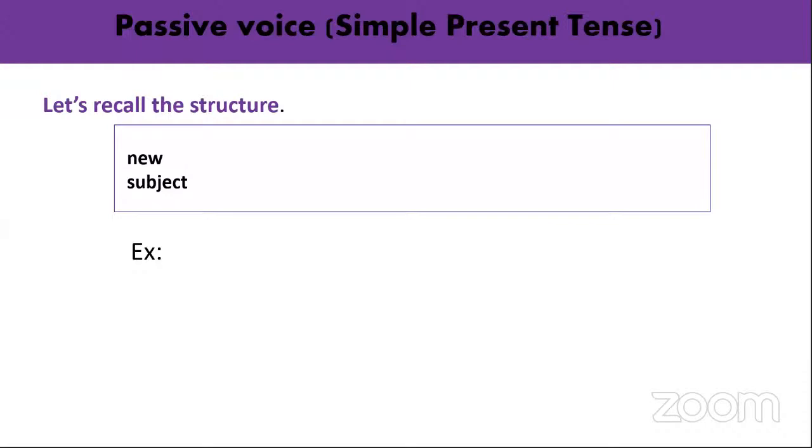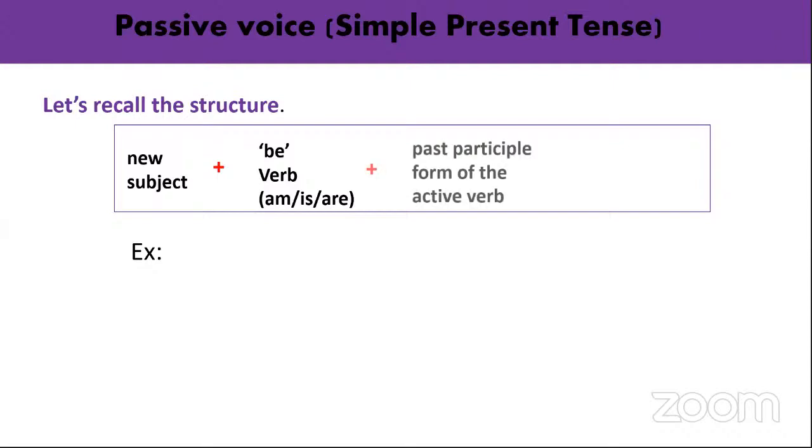What is the first thing that comes in a passive voice sentence? The new subject. Then the be verb. As it is simple present tense, am, is, are are used as be verbs there. Then the past participle form of the active verb.